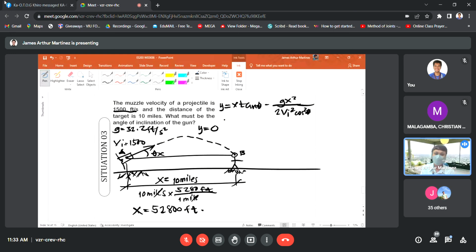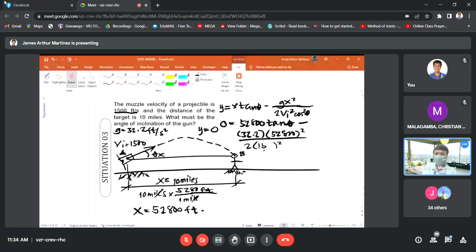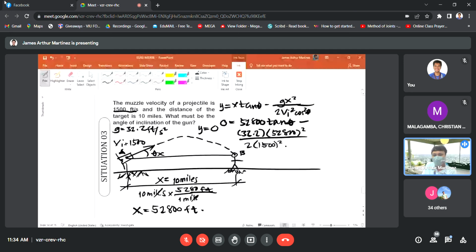So, supplying the data to our equation, you have y is equal to 0, x is 52,800 tangent theta, with theta unknown, minus gravity 32.2, x is 52,800 squared all over 2 vi squared, or initial velocity 1,500 squared, cosine squared theta, which is unknown.